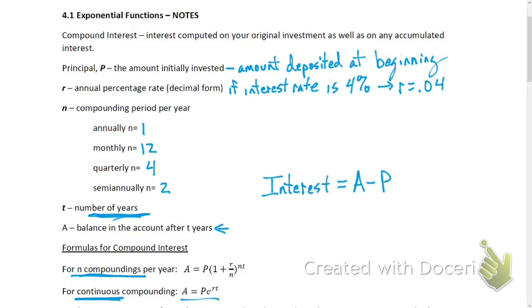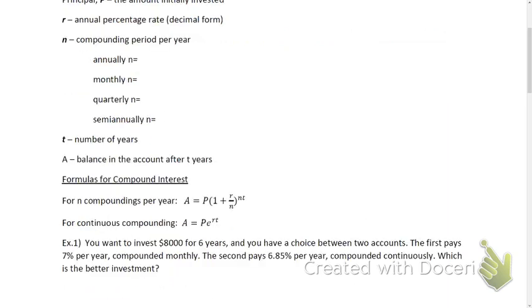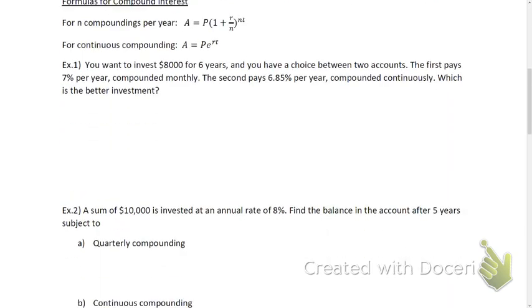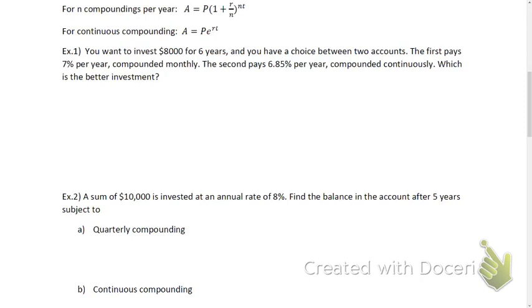All right, let's try this out. So on number 1, we're going to invest $8,000 for 6 years. So for both accounts, P is 8,000 and T is 6. We have to pick between two accounts.